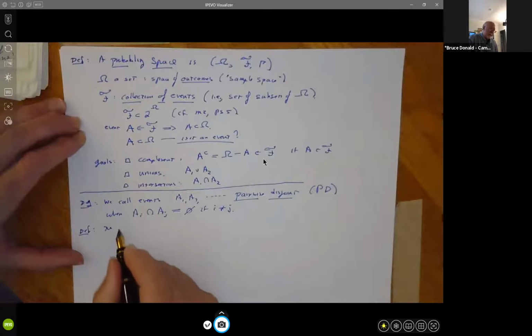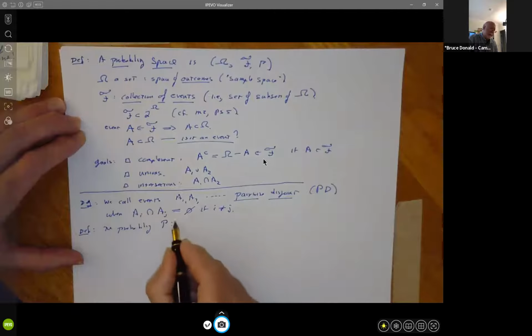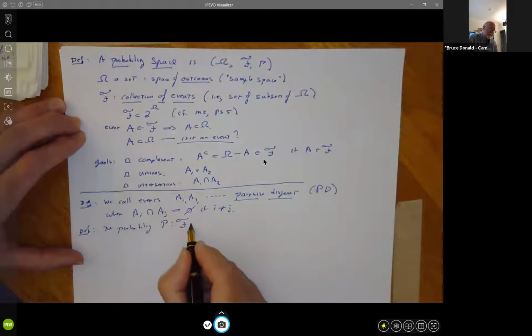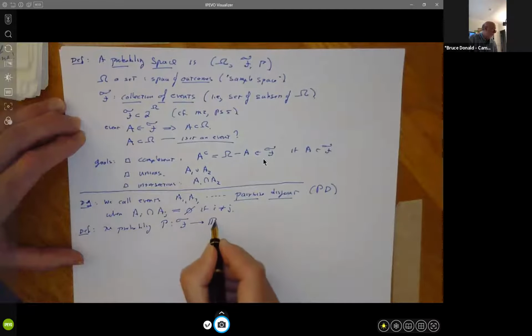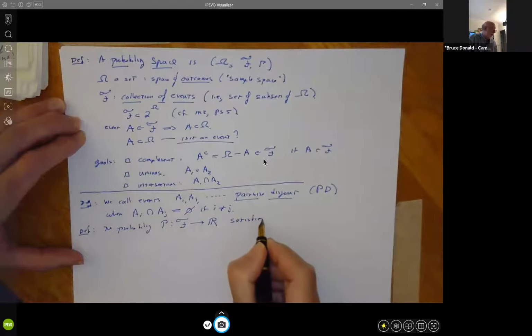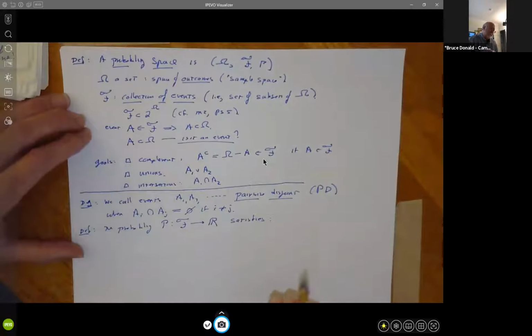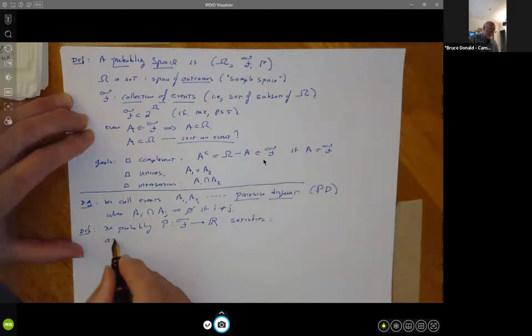So the probability, P, is a function taking each event to a real number. And it satisfies several properties, which are called axioms. So let's label them.